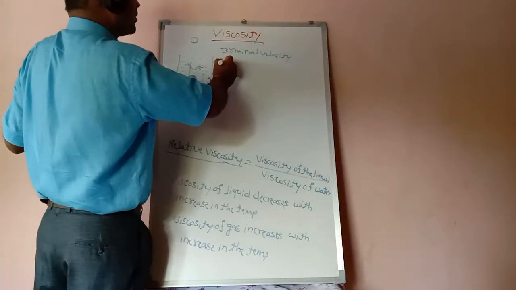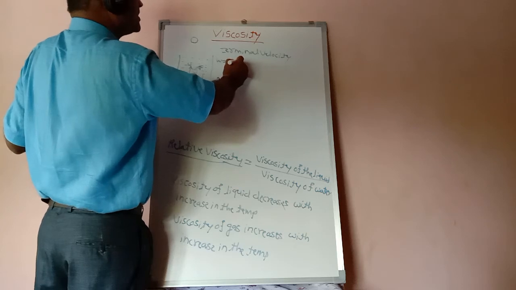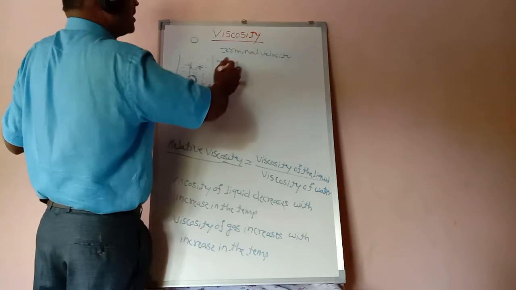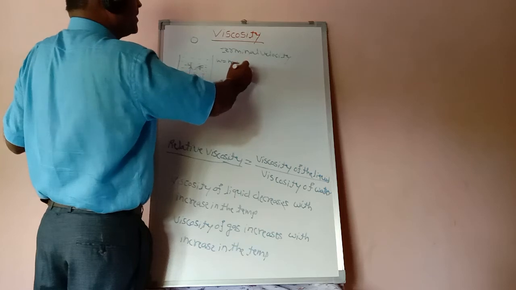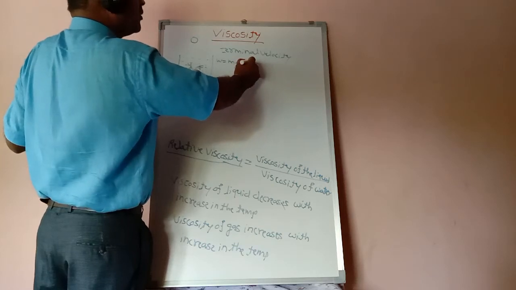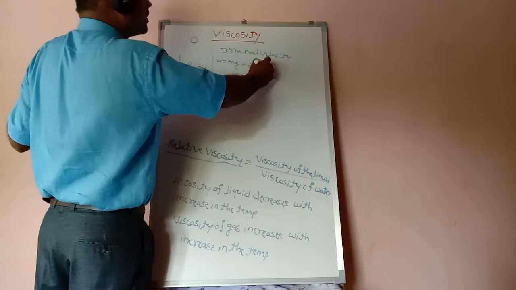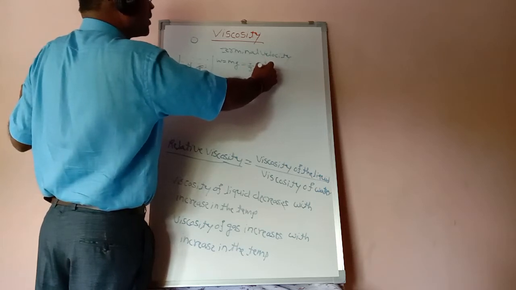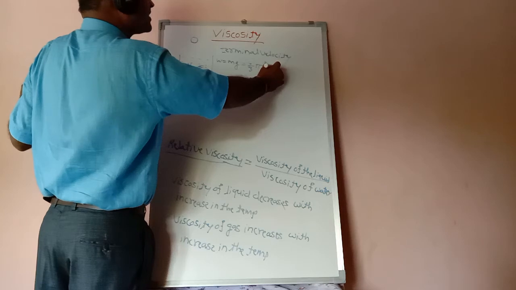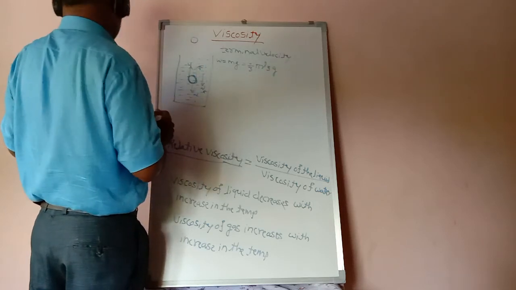So W is equal to M into g, where M is the volume, 4 by 3 pi r cube, into rho, into the acceleration due to gravity.